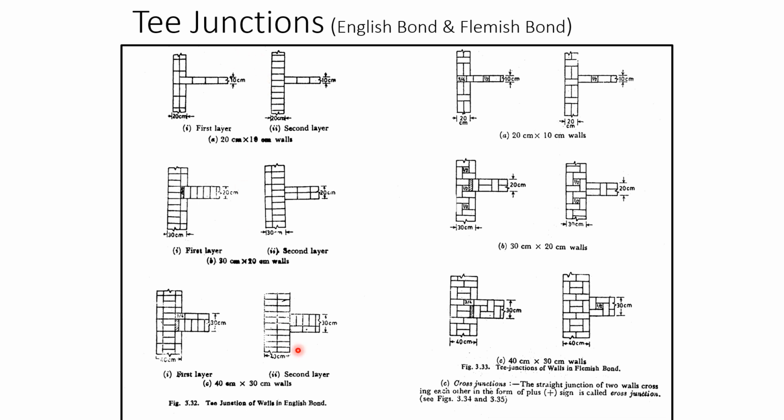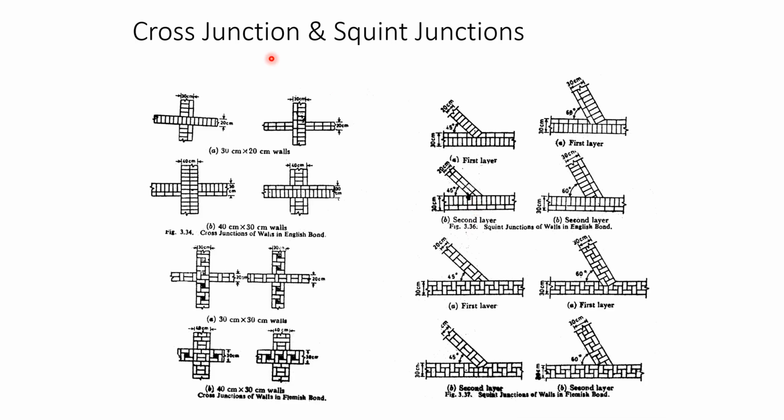Similar T junctions are for English bond and Flemish bond. This is also up to you to study by yourself. Similarly, cross junctions and squint junctions. English bond is shown on the upper side, and the bottom ones are for Flemish bond.